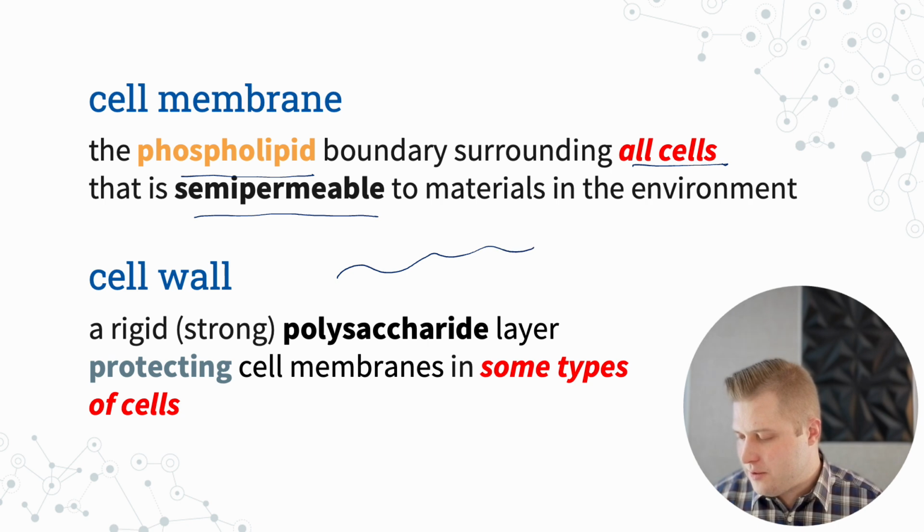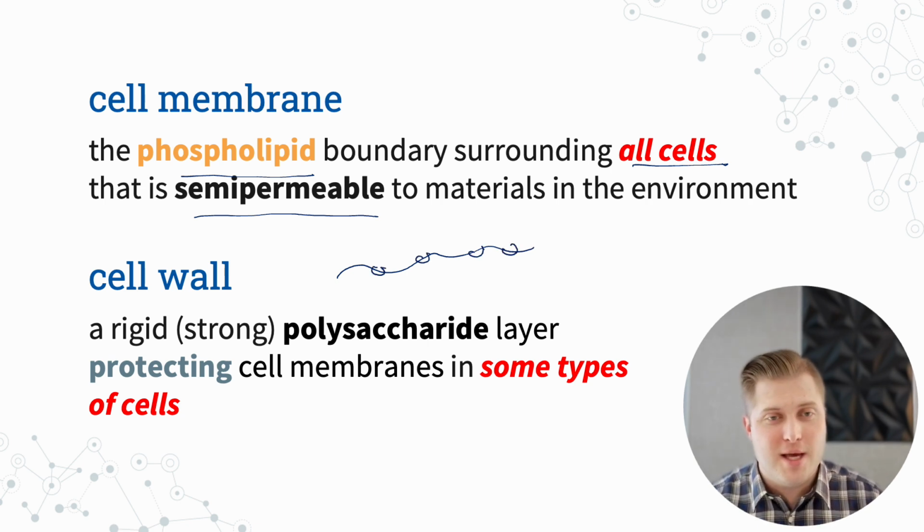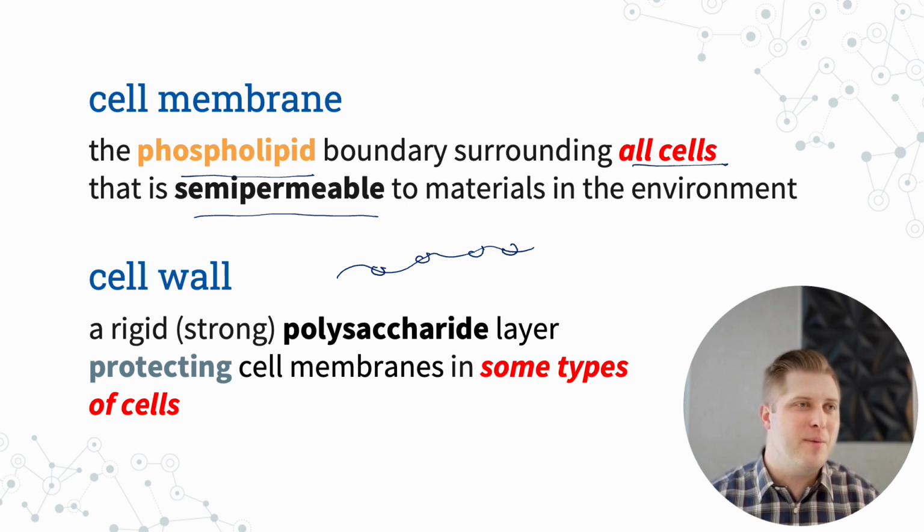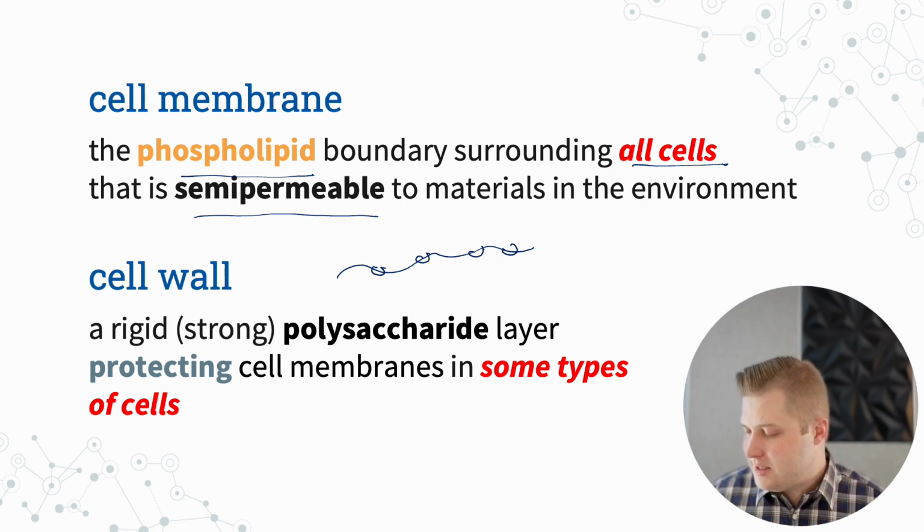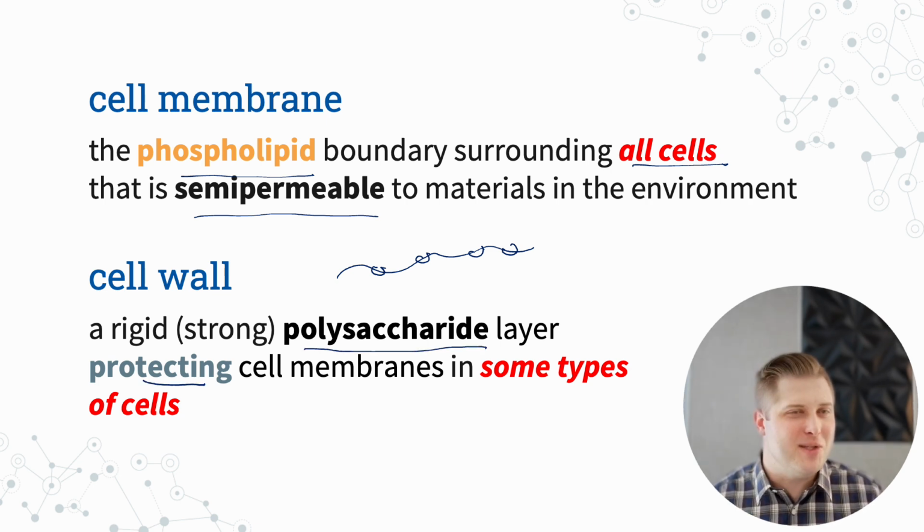So in that wall, there's going to be little openings, little holes or channels. Some of those just let anything through, some of them let a few things through, and some of them actively move things through. They're semi-permeable, they let things in and out of the cell. Cell wall is going to be a polysaccharide layer that protects cell membranes in some types of cells, like we just mentioned, and most particularly in plants.